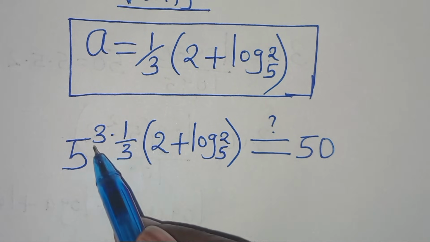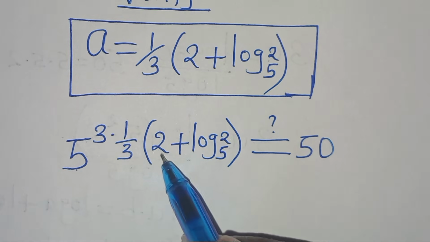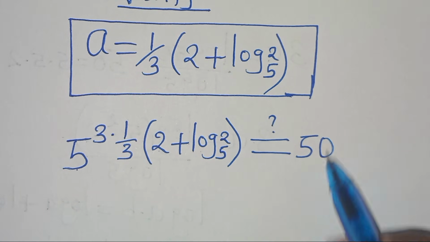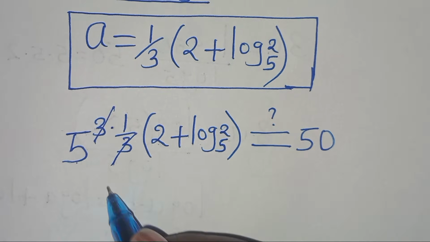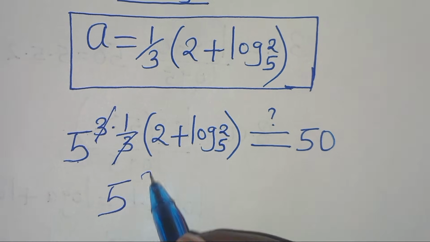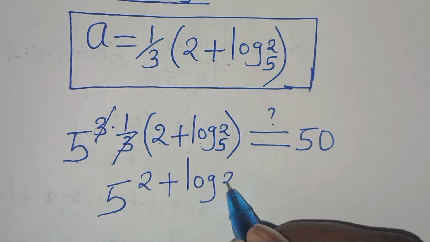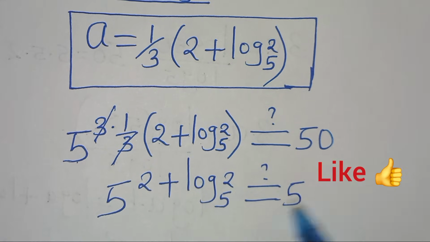Now we have 5 to the power of 3 times 1 over 3 into the parentheses 2 plus log 2 to base 5. We can simplify 3 and 3, so that we have 5 to the power of 2 plus log 2 to base 5. This is supposed to give us a value of 50.